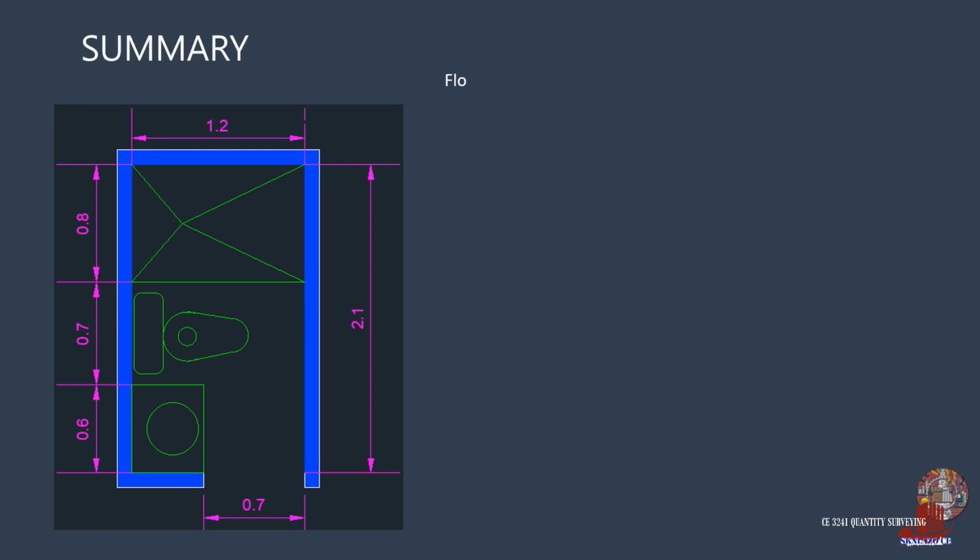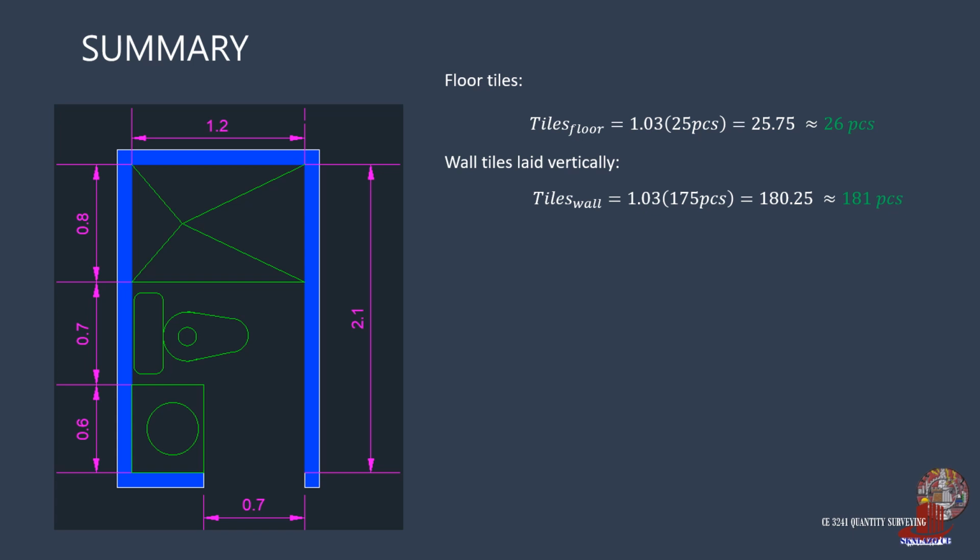To summarize, the floor tiles are taken as 25 pieces with a cutting allowance of 3%, giving 26 pieces. Wall tiles vertically laid with a cutting allowance is then 181 pieces. And those horizontally laid makes 180 pieces.